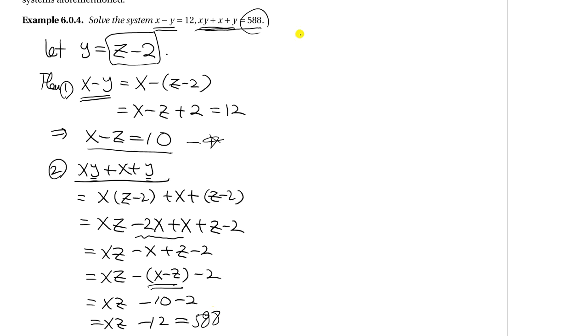So altogether, we got xz equals 600, right? So when you have this, what we got is these two results. So this question is changed to a system of equations about x and z, not x and y anymore.